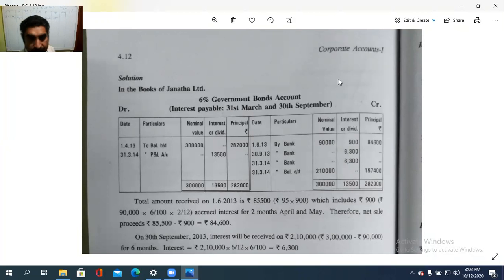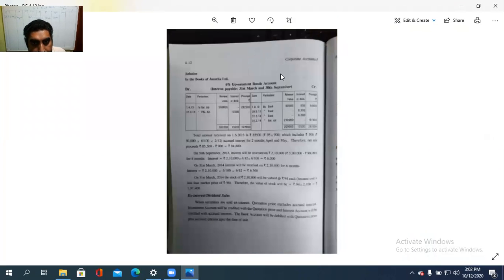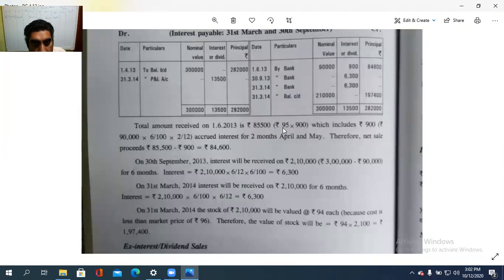But not the 90,000, because the amount here is 95 cum interest. So how much is it? 95 into 900. That is the interest.